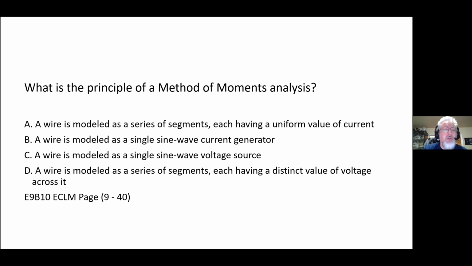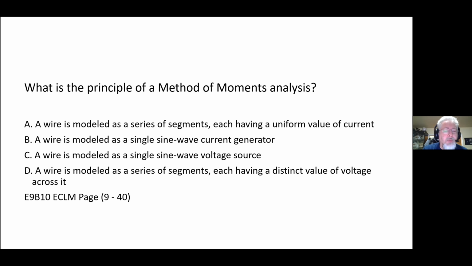What is the principle of a method of moments analysis? A, a wire is modeled as a series of segments, each having a uniform value of current. B, a wire is modeled as a single sine wave current generator. C, a wire is modeled as a single sine wave voltage source.